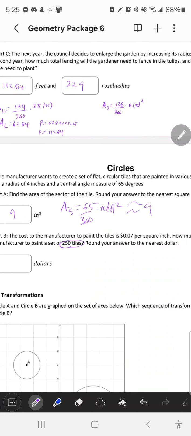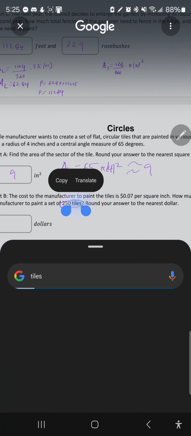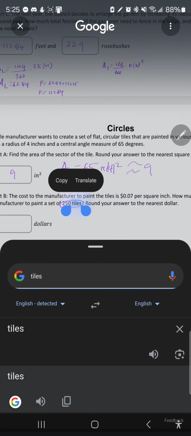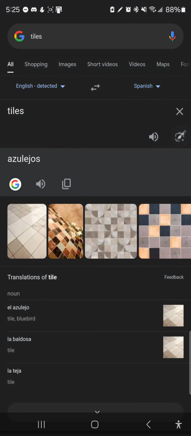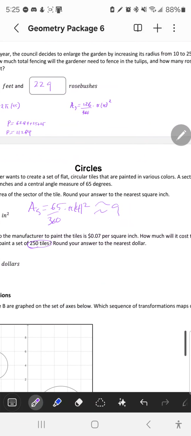Give me 1 second because I don't know the meaning of the word tile. Sorry about that. Okay, now I know.